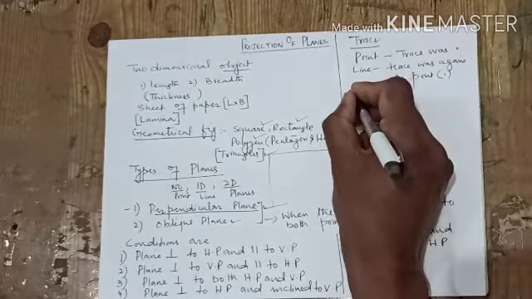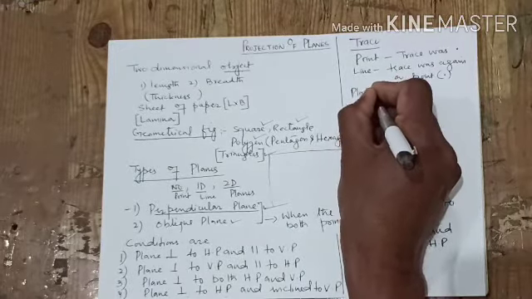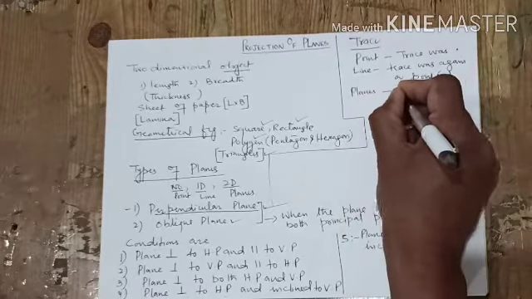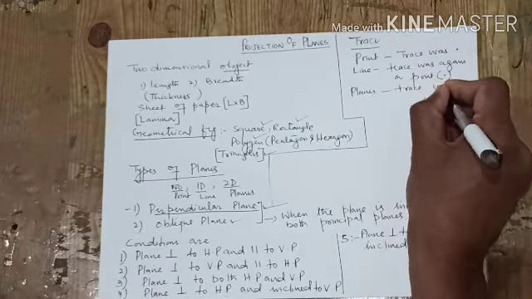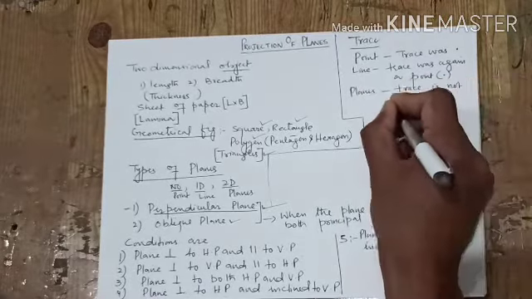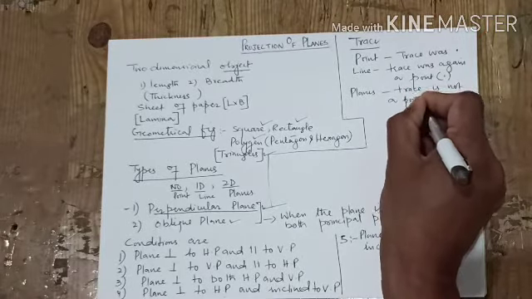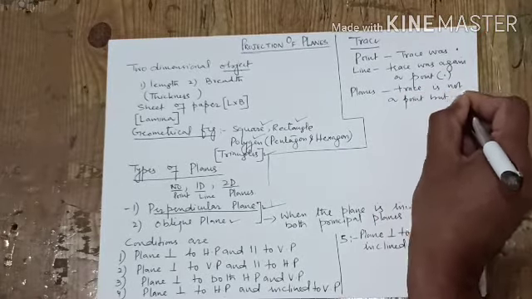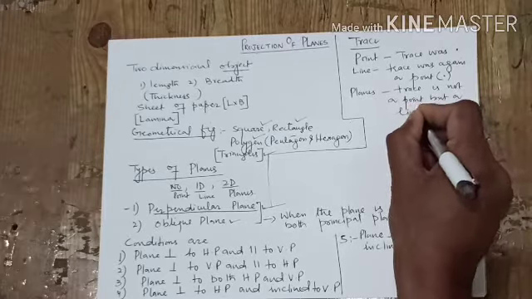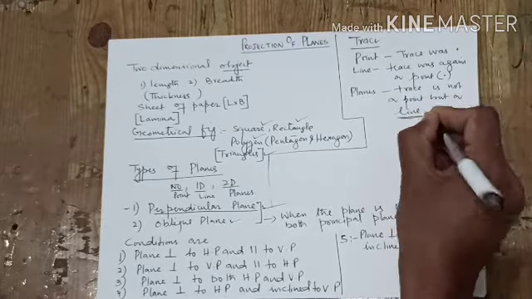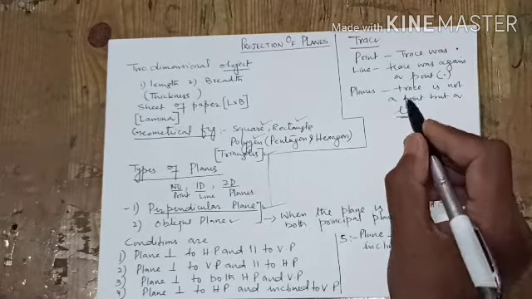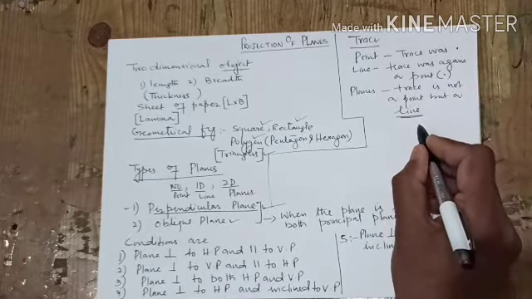Now in case of planes, the trace is not a point but a line. So what is a trace in this case? The trace is a line.